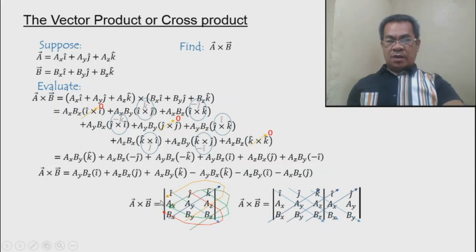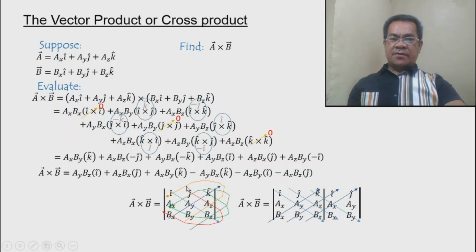The second row will be occupied by the components of A, not the components of B, because we are taking the cross product of A cross B. So the middle row should be occupied by the components, arranged accordingly. This is the X component, because this belongs to I, this is the Y component, because this is J hat, and K hat is Z. Then the last row of the 3 by 3 matrix will be the components of B: BX, BY, BZ. So that's it. No need to memorize.